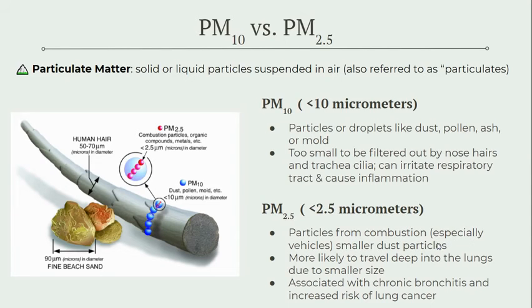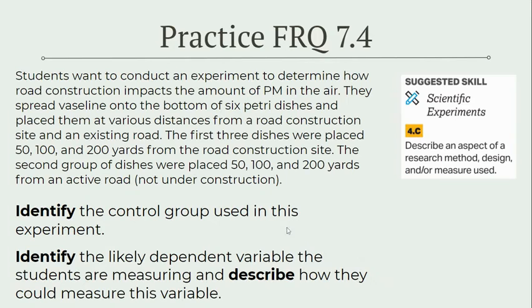We'll see the breakdown of a lot of chemicals, and we'll get small particulates from this. These are most likely to travel deep into the lungs, into your alveoli, due to their small size, and can be associated with chronic bronchitis and increased risk of lung cancer, especially because these particulates can carry other elements on them. If you're burning coal, remember you're releasing lead, mercury, and arsenic, and that travels on particulate matter, especially. So something to keep in mind.